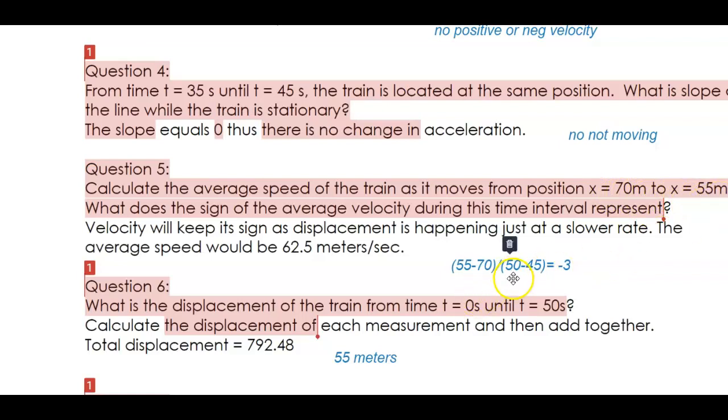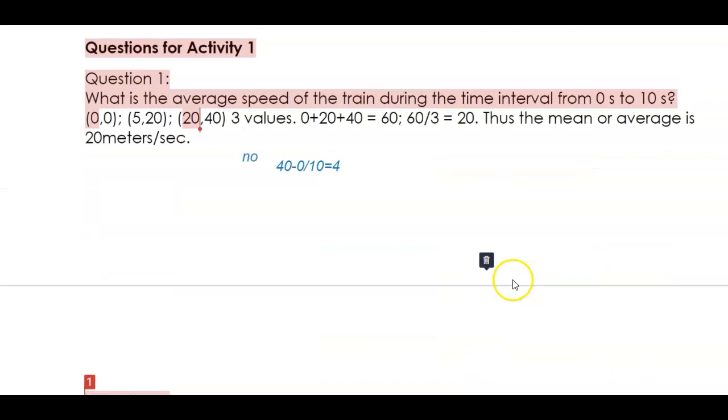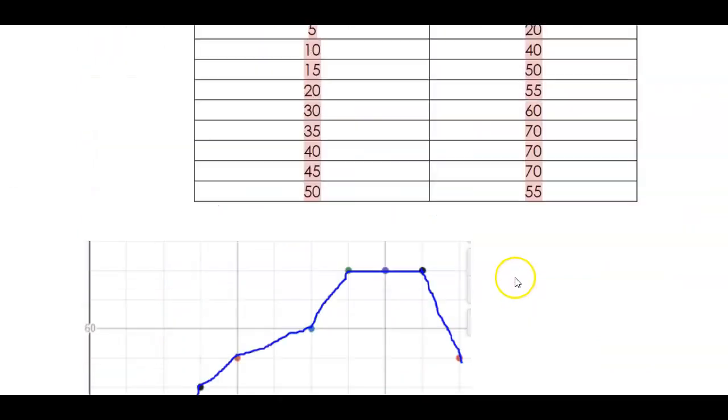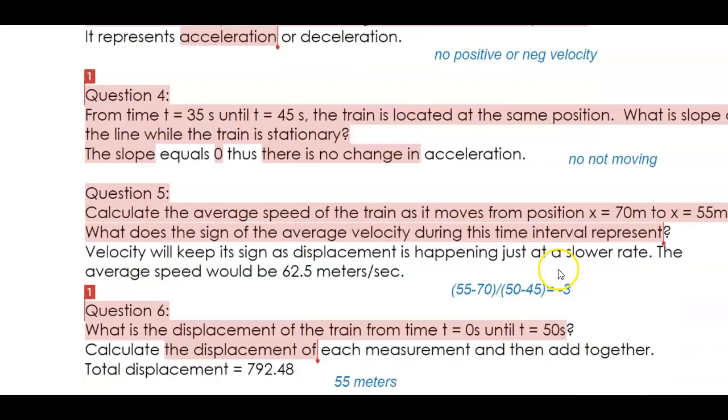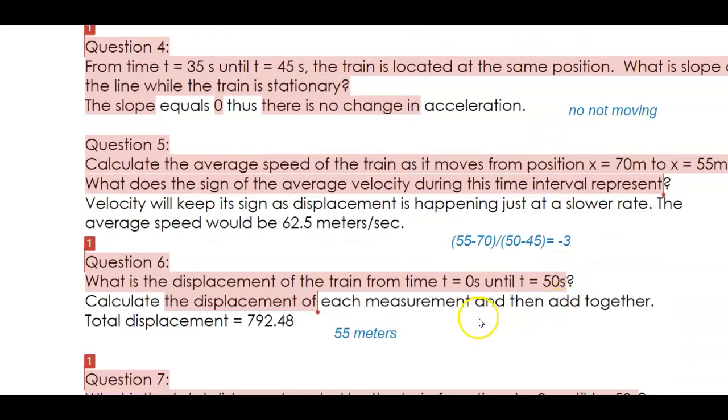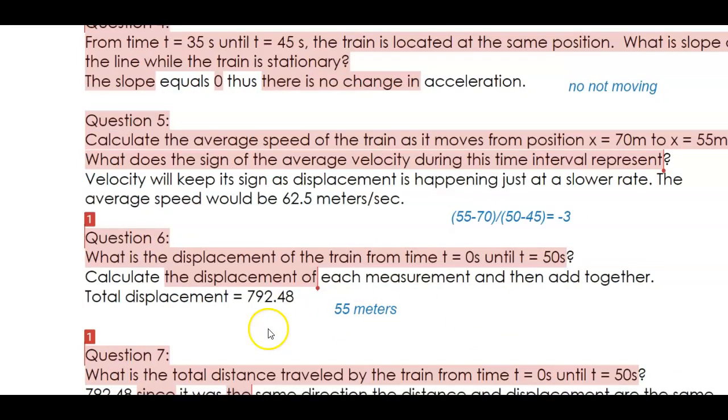The time period for that, I'll go back up here and look at it, was going from here to here. So the displacement went from time equals 0 to time equals 50. That was just 55 meters because that's as far as it went. That was 55 meters on your graph.